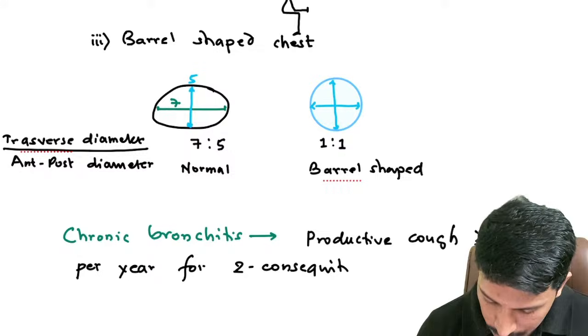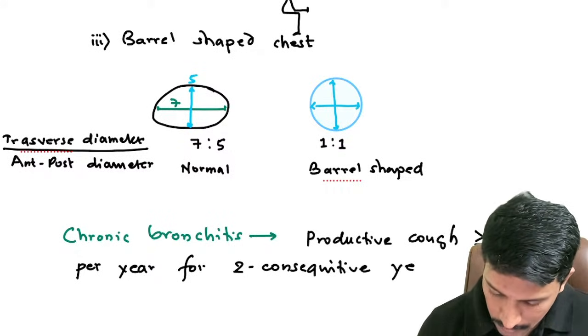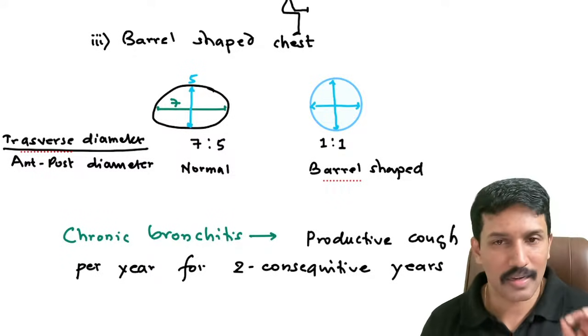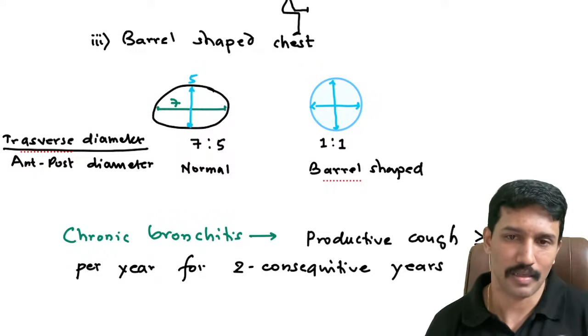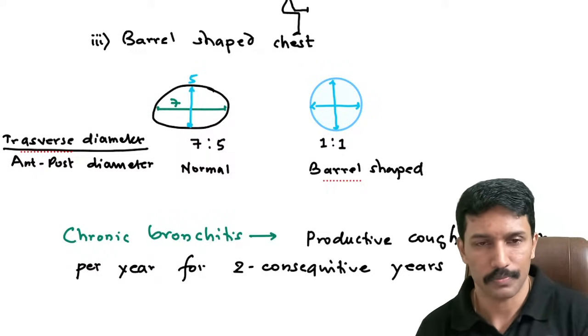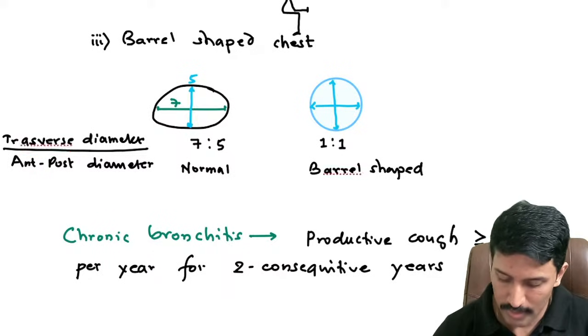Consecutive years means last year the patient had at least 3 months of cough with sputum. This year also he has at least 3 months of cough with sputum. Then we will call it chronic bronchitis.